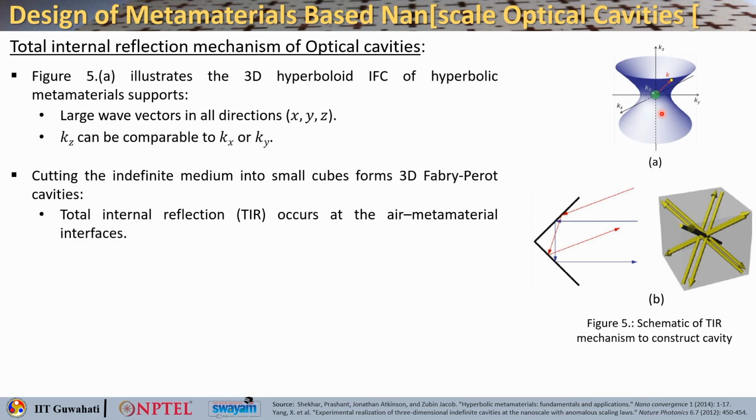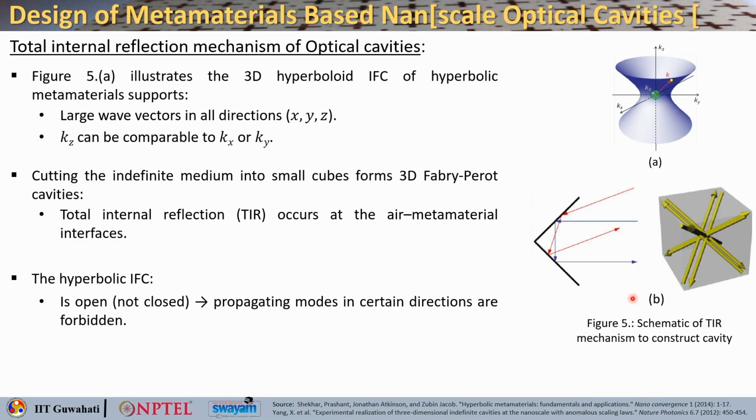So, how does it work? They work on the basis of total internal reflection that will occur at the air-metamaterial interface, okay. And you will see that the hyperbolic isofrequency contours here are the open ones, so they are not closed, okay. That means the propagation is forbidden in some direction, okay.